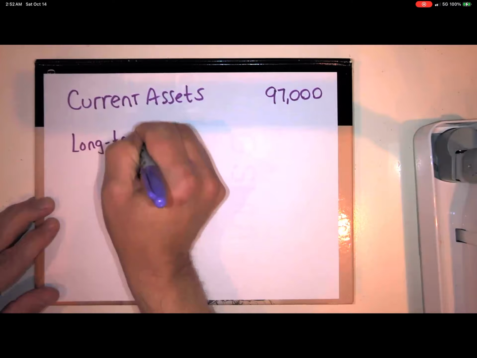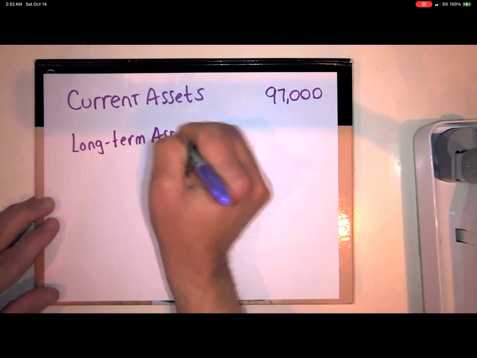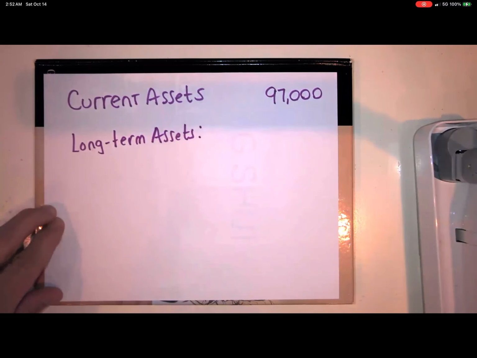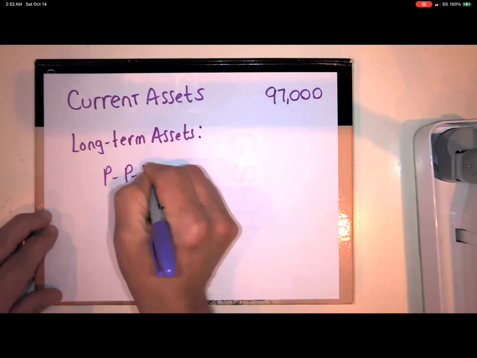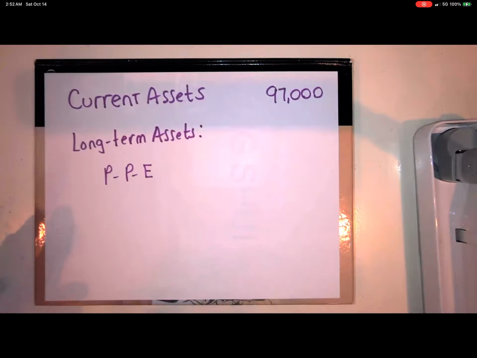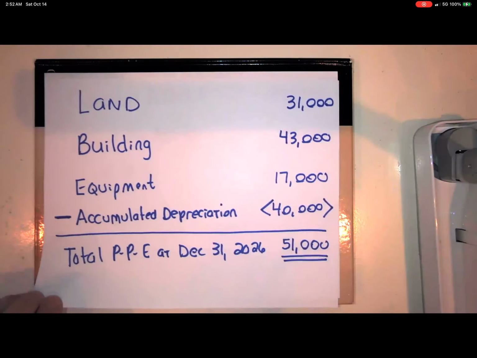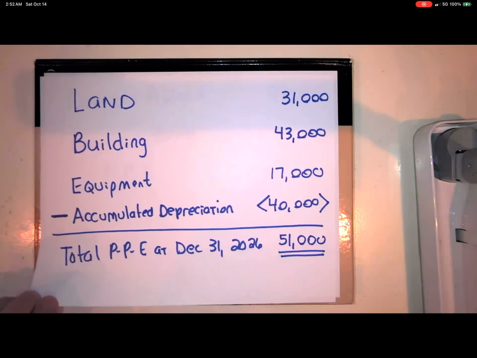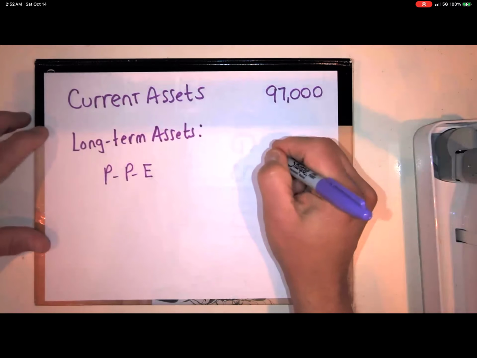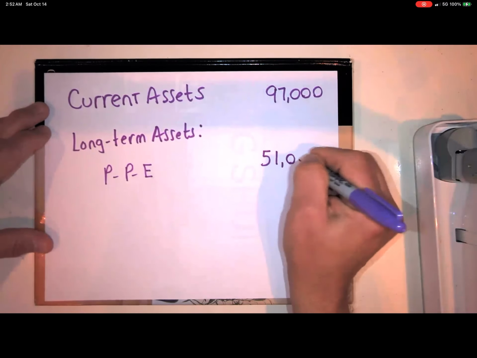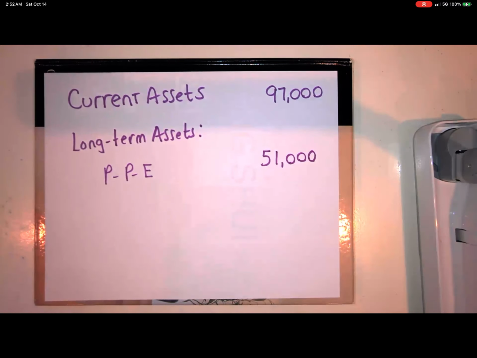One category of long-term assets is the property, plant, and equipment, which we have already calculated together this evening as 51,000. Zane, are you able to tell me what is the other category of long-term assets?